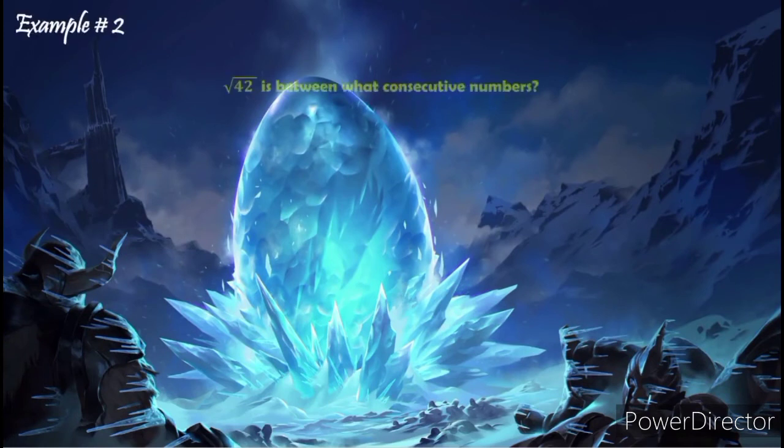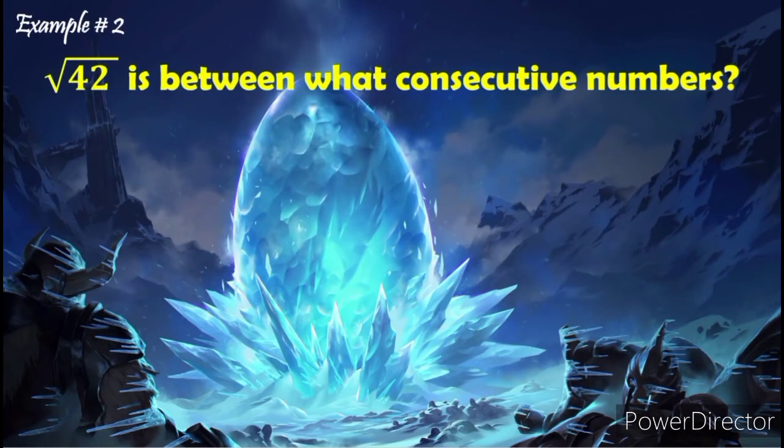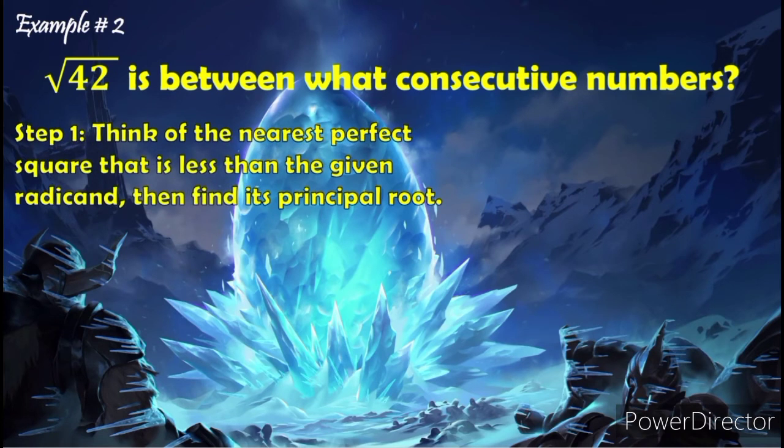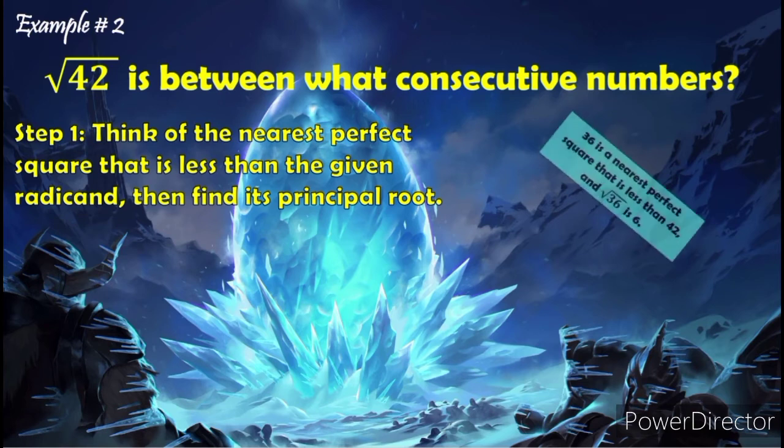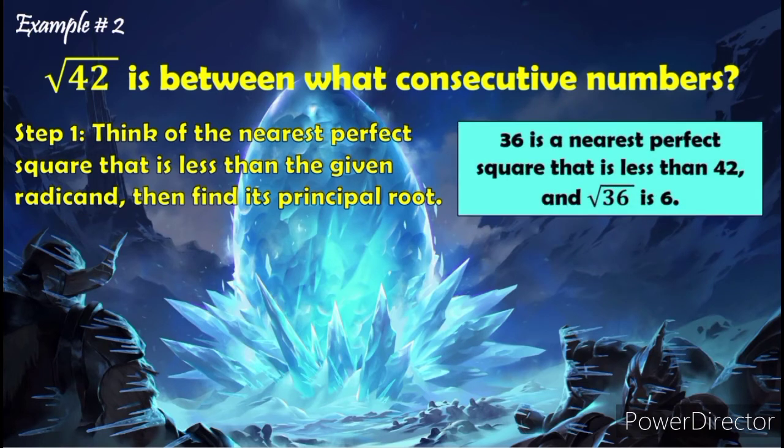Now let's have example number 2. Square root of 42 is between what consecutive numbers? For step 1, think of the nearest perfect square that is less than the given radicand. Then find its principal root. 36 is the nearest perfect square that is less than 42, and the square root of 36 is equal to 6.